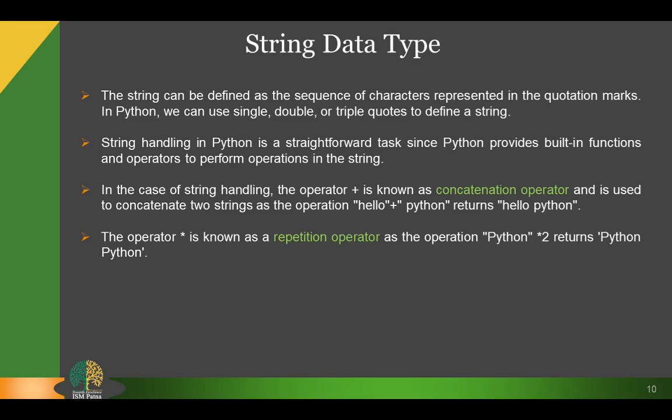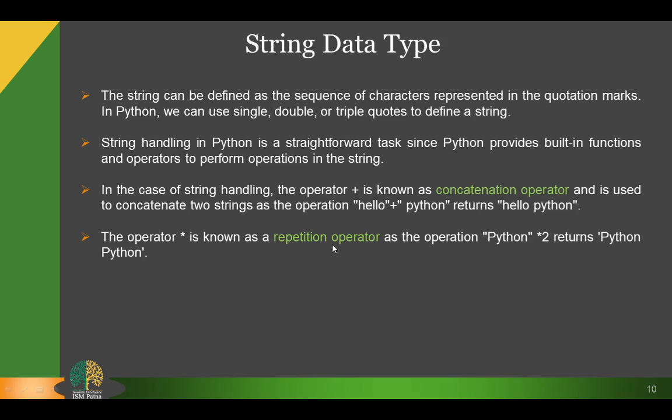We perform certain operations on the string, such as repetition and concatenation. Concatenation is known as combining two or more strings. We can use the plus operator to perform concatenation of strings, and we use the asterisk operator to perform repetition of a string.